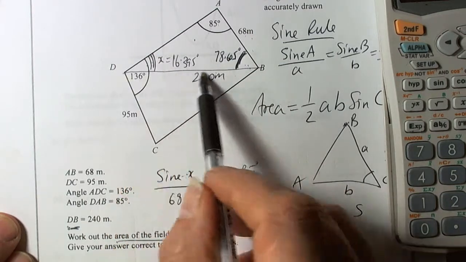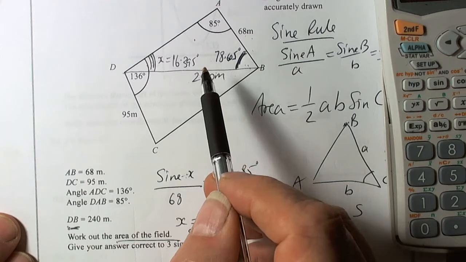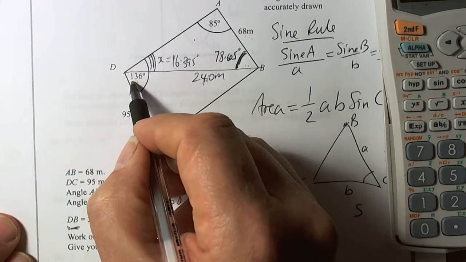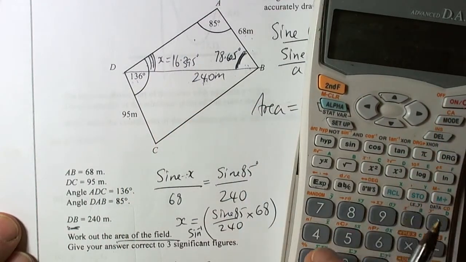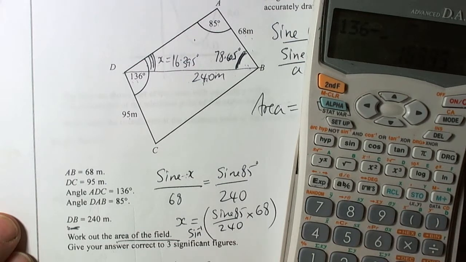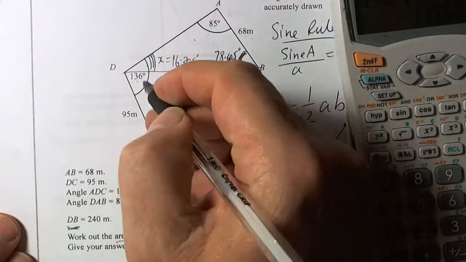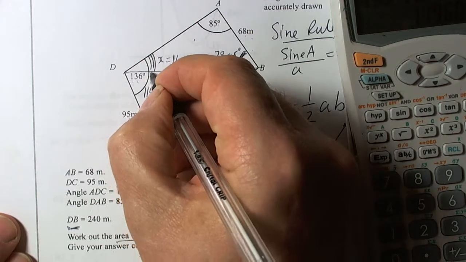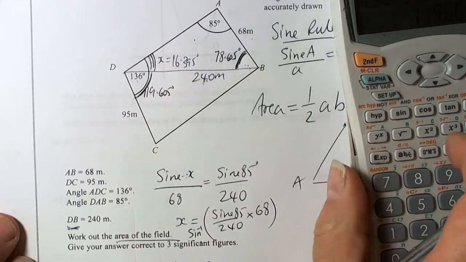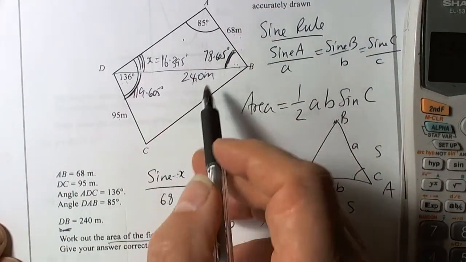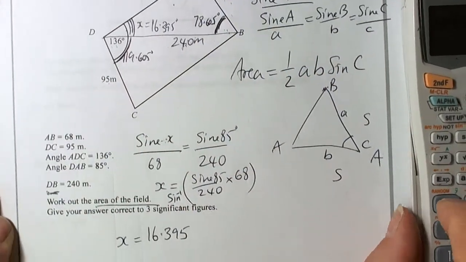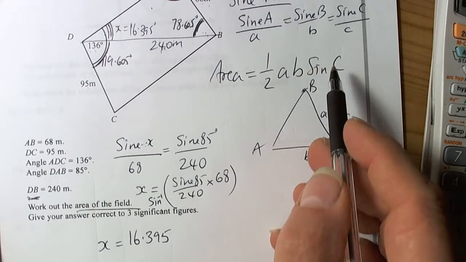For the other triangle, we've got a side, we've got the angle here, and we've got a side, because the angle here must be 136 take away 16.395, which equals 119.605. So this bit here is going to be 119.605 degrees. So we've now got two side angle side triangles where we know the side, the angle, the side. So we can work out each area by using the half ab sine C formula.